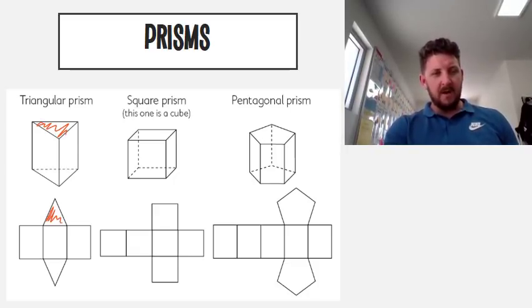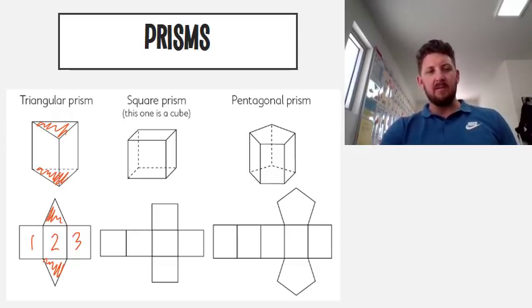You can see my 1, 2 bases, which are the parts lying on the ground. Because I have 3 sides, I have 1, 2, 3 rectangles that make up that triangular prism.